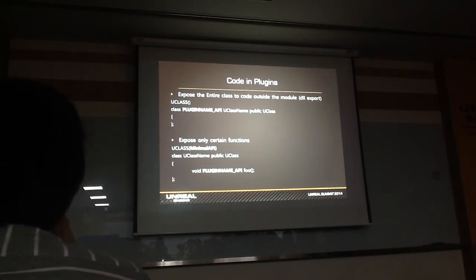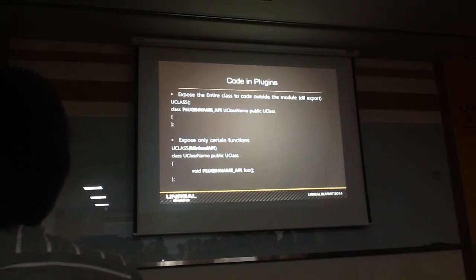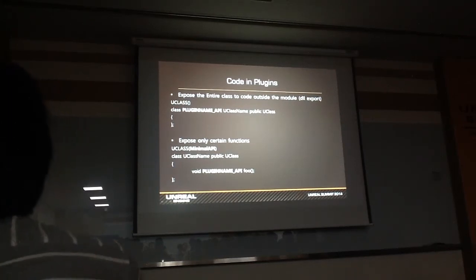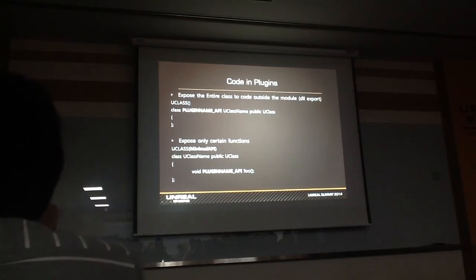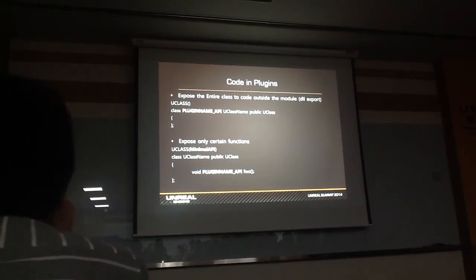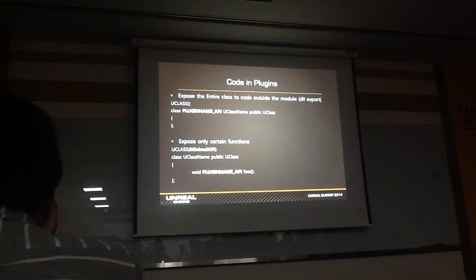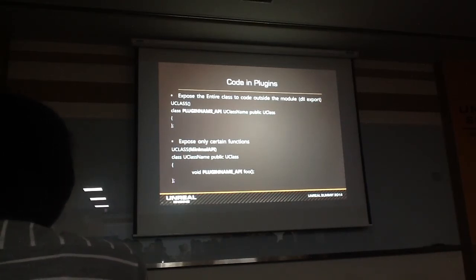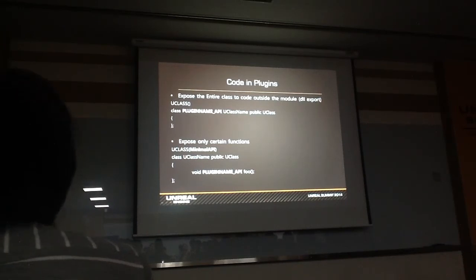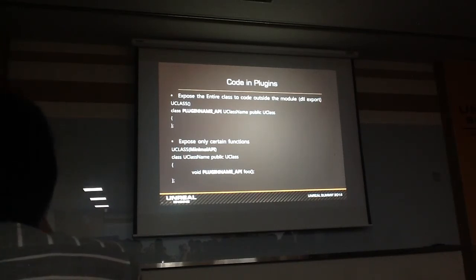There are two ways to do this. You can expose the entire class, including all methods and members, by adding the plugin name underscore API as a prefix before the class, where the plugin name is the name of your plugin. Or by adding the minimal API tag to the class, which exports the bare minimum of information about the object, including type information.